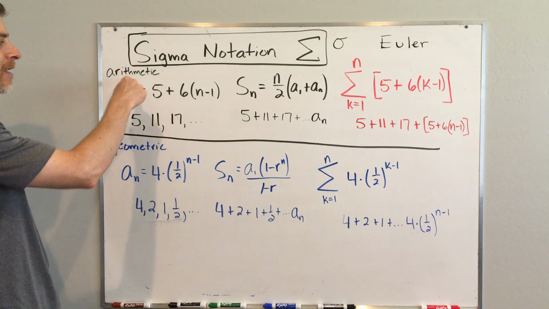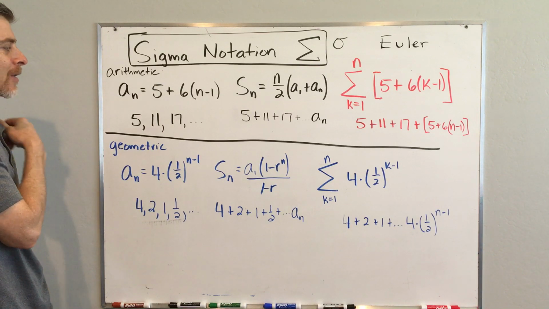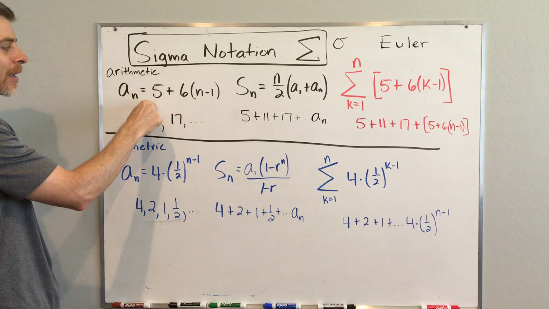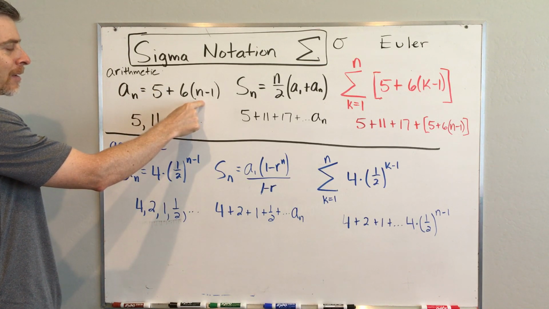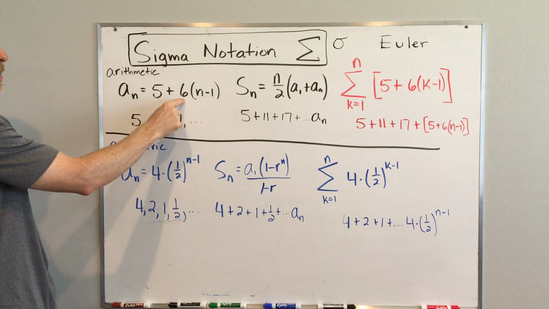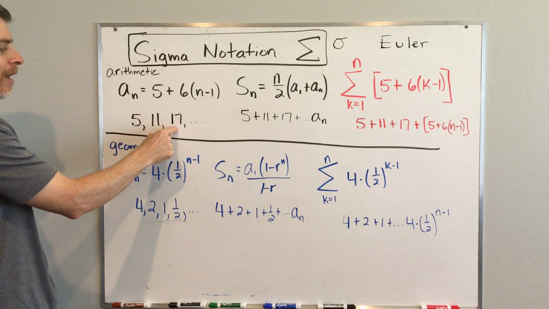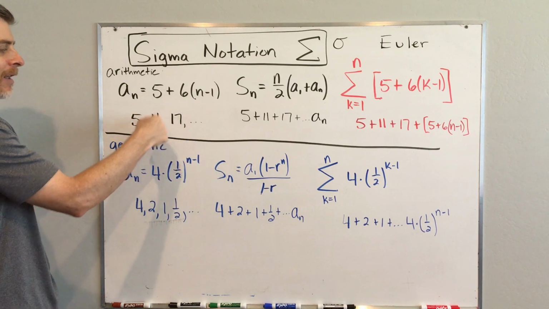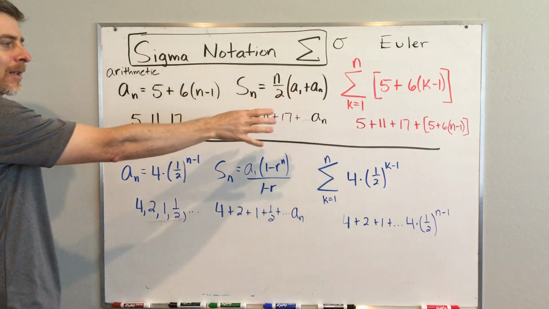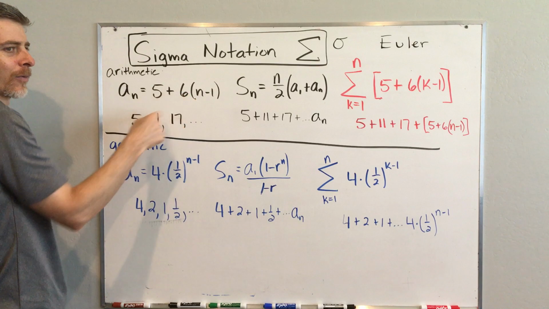Okay, so let's take an arithmetic sequence. If you want to know the nth term in the sequence, you plug into this formula. So if the first term is 5 and the common difference is 6, then I'll just get 5, 11, 17. But if I want to know a number way down at the end of the sequence, I can plug into this formula.